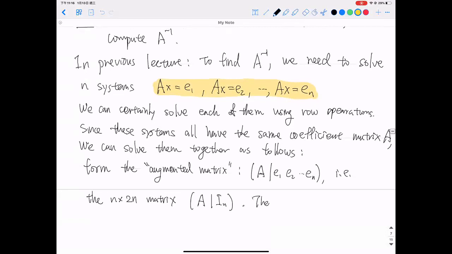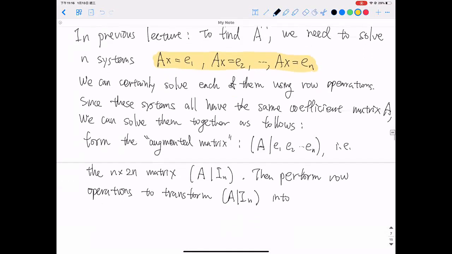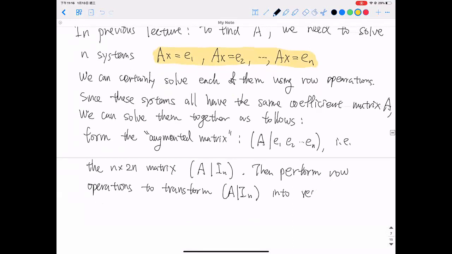Then perform row operations to transform [A | I_n] into reduced row echelon form.